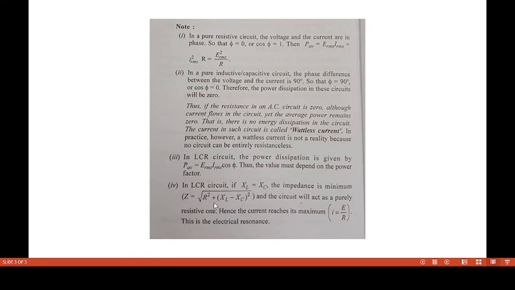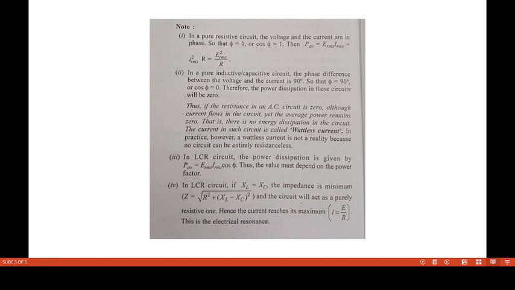The circuit will be purely resistive, hence the current reaches its maximum. XL equals XC, so this whole term will cancel and it's only a purely resistive circuit. That is, Z equals R. Impedance will be only due to resistance. Then the current will be maximum in such a circuit, the current will be E by R. And this condition is known as electrical resonance.